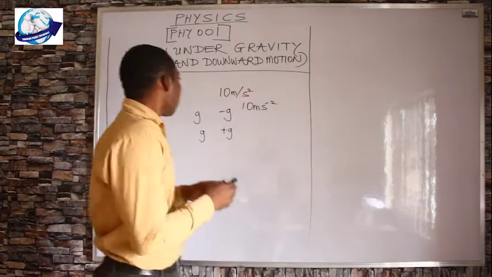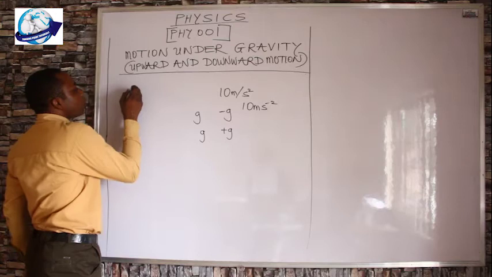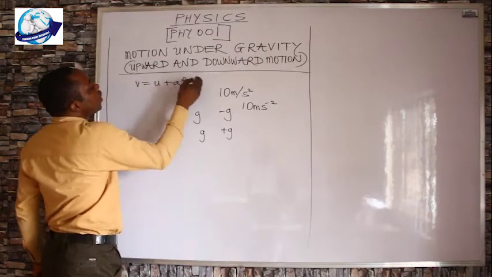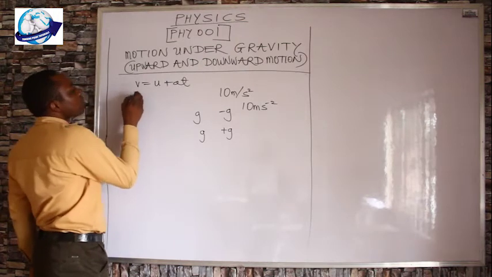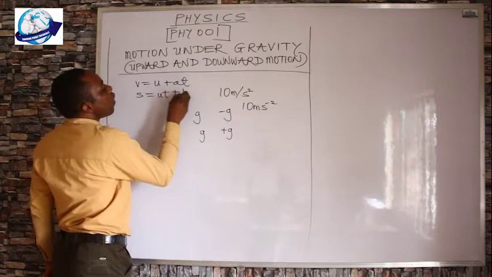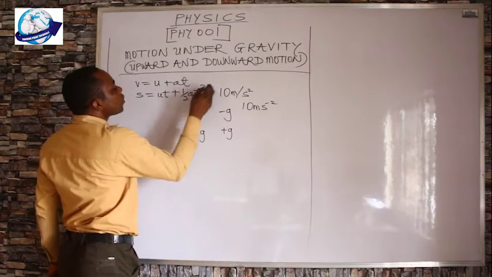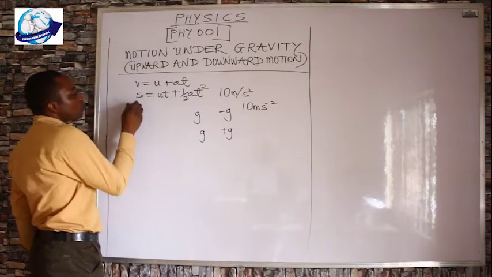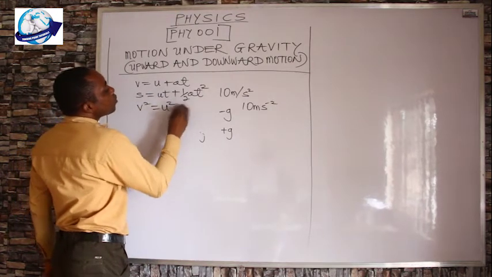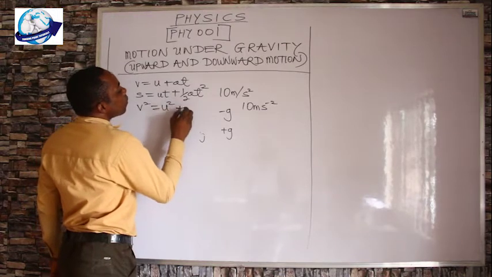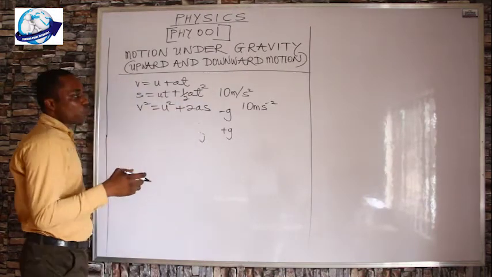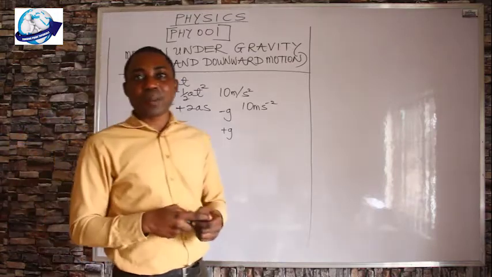For instance, the first equation of motion is v equals u plus at, the second equation of motion is s equals ut plus half at squared, and the last one is v squared equals u squared plus 2as.